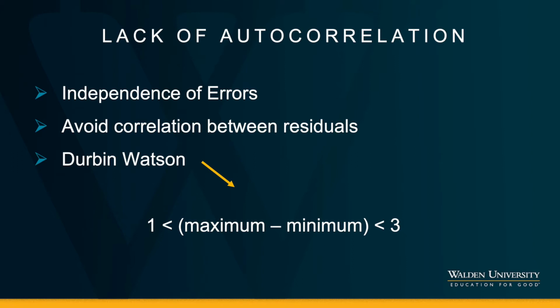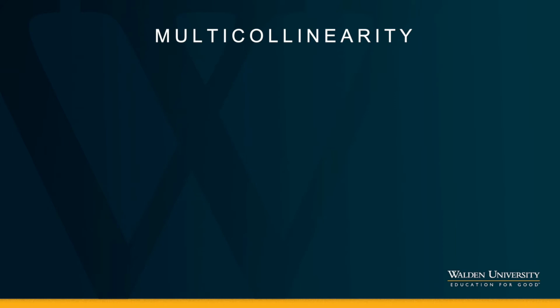Let's move to our next assumption in our conversation about the diagnostics of the model, and that is the multicollinearity. If you have viewed other videos in this series, then you've heard me talk about those relationships. Usually when I evaluate the correlation matrix, I'm not just looking at the health of the relationships between the predictor variables and the dependent variable.